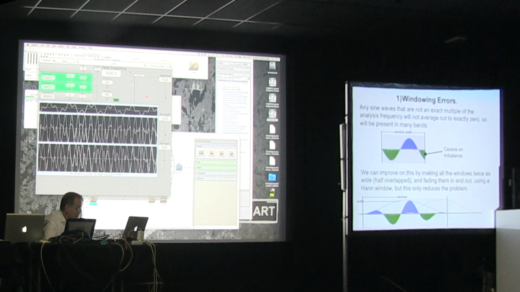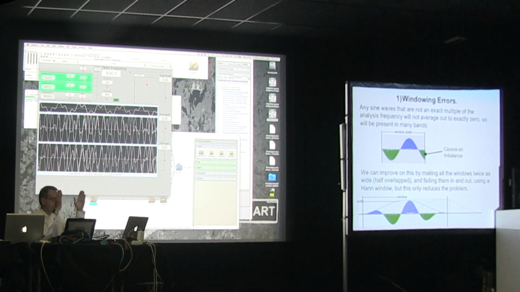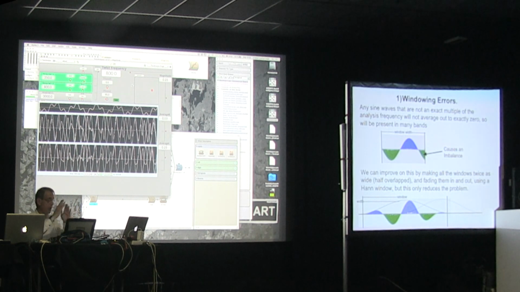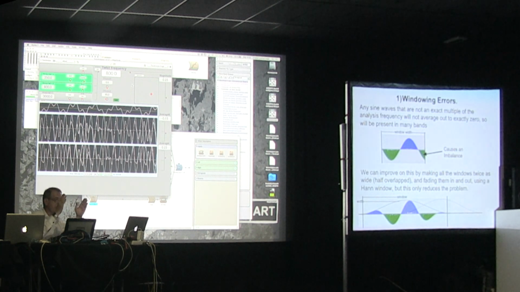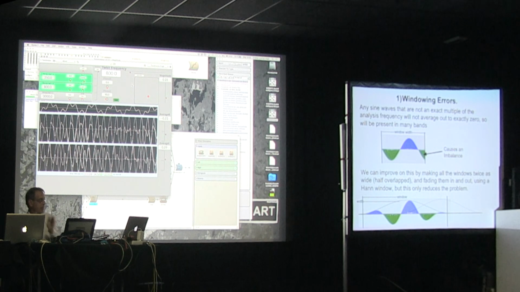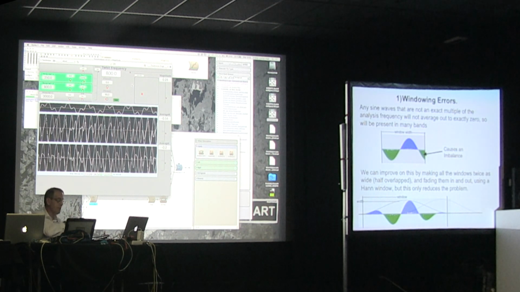The two other halves average to zero, and then you've got a bit that isn't zero anymore. By windowing, I mean we take a slab, then take the next window, and the next, do a bit each time, and then add them all together, putting them back in the same place at the end.